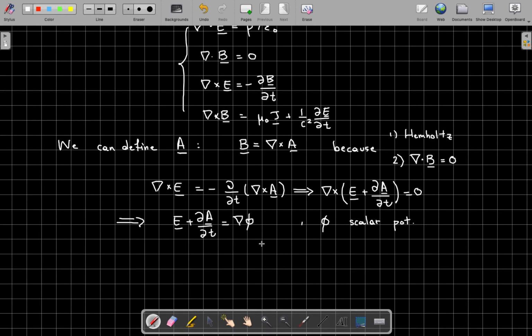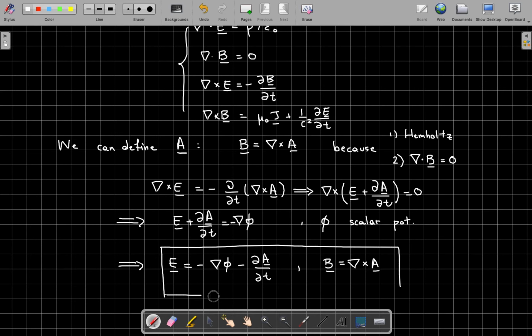Okay. In other words, E is written as, for historical reasons we usually just put a minus here, so minus grad phi minus dA dt. Essentially we can rewrite Maxwell's equations, instead of using E and B, by using A and phi.